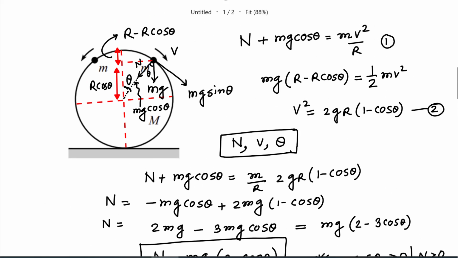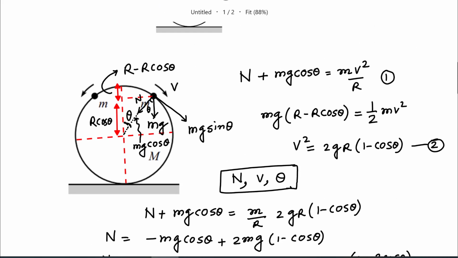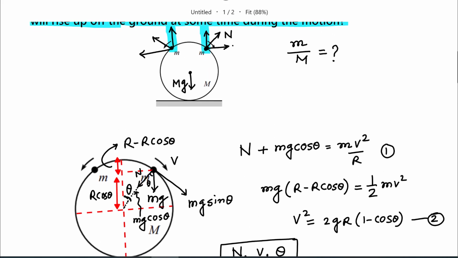We can show it here: this force is acting on the bead, and this force is acting on the hoop. The vertical component is this one, and if this angle is theta, then this angle is also theta.